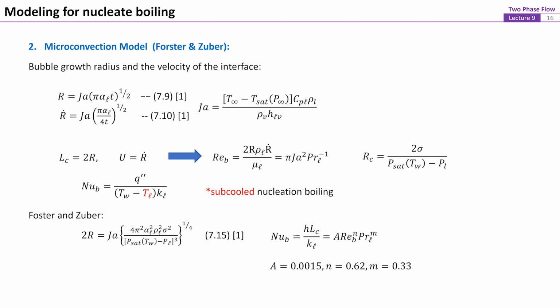However, experimental data have shown that the correlations fit better if the standard excess temperature is used, even for subcooled boiling. Detailed reasoning and explanation for this contradiction is provided in the textbook.